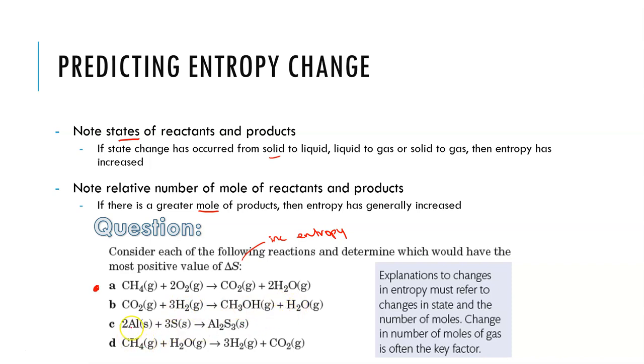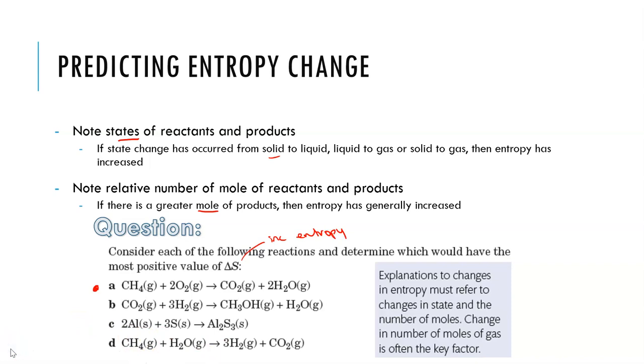The synthesis reaction where we have aluminium and sulfur producing aluminium sulfide, the ionic compound, and then methane plus water to give H2 and CO2. So I want you to have a look at each of these, think about what we've talked about, and then see if you can predict, then come back to see the answers.